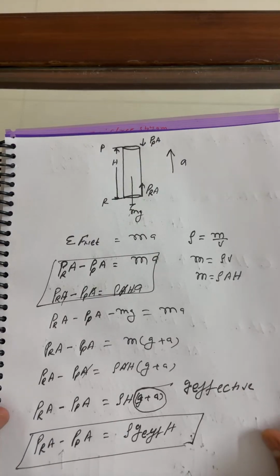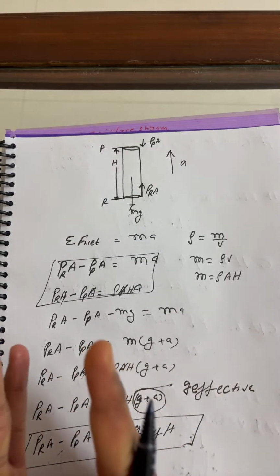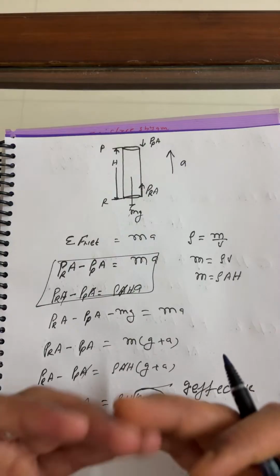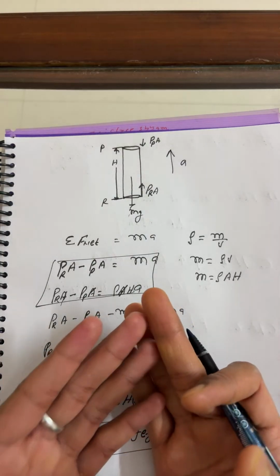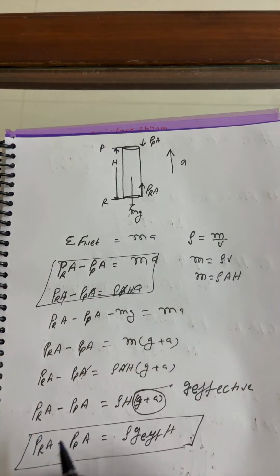As I said, if the fluid is at rest, there are two pressures: delta P plus rho g h if you are going in downward direction, and delta P minus rho g h if you are going in upward direction. If the fluid is in motion, there are two accelerations you can define.